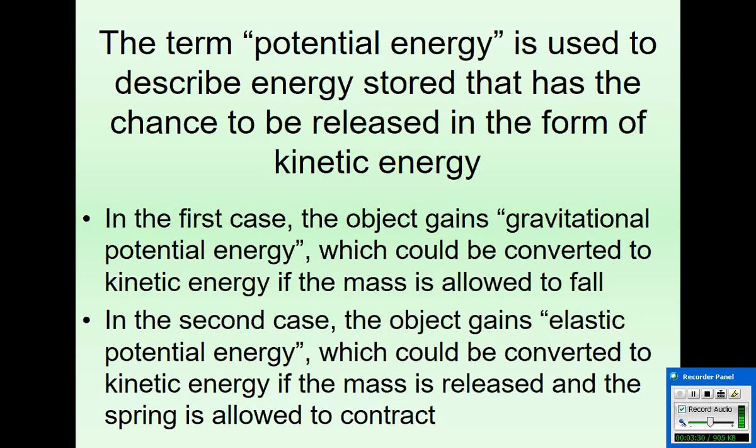And if you release it, this stored energy is expended as kinetic energy. And a similar thing happens with the mass at the end of a stretched spring. If you stretch the spring and you hold the mass, it's motionless. You release it, and it starts to move, and we get this emergence of kinetic energy. So we think of potential energy as stored energy, ready to be released as kinetic energy.